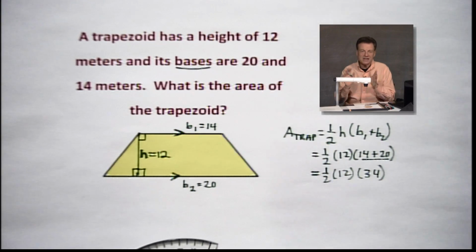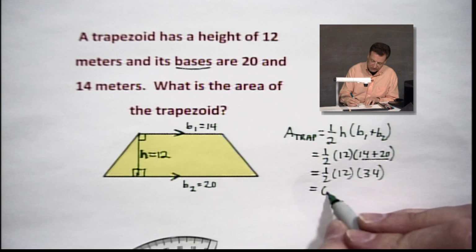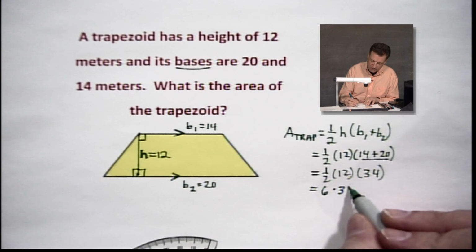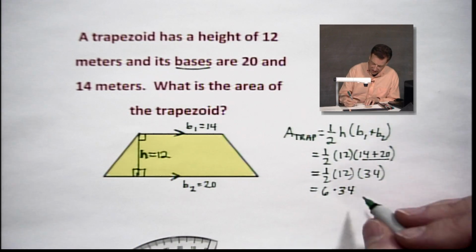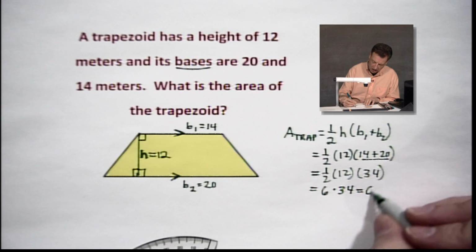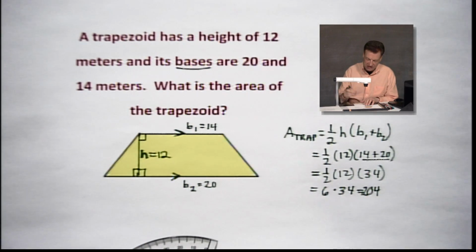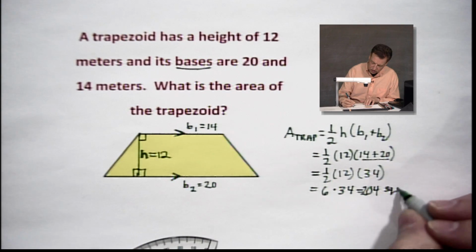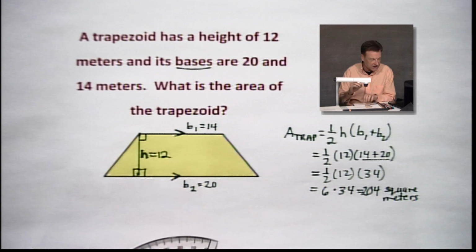So we go left to right, and I can take 1/2 of 12, which gives me 6. Multiply that times 34. My goodness, what do we got out there, folks? I think it's going to be 204. And by the way, it's not meters, but it is square meters. And that's our area formula.